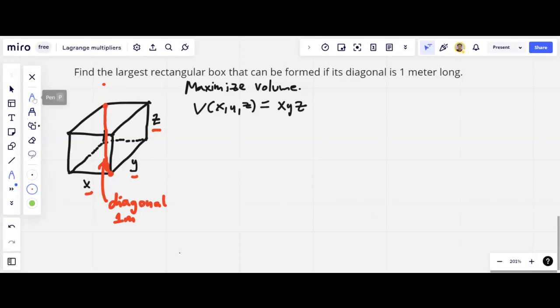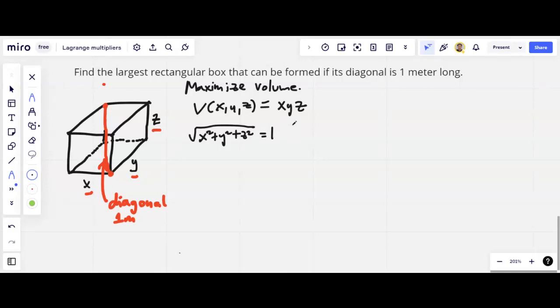And now from this one, we have to obtain our constraint function. Now we have to relate the diagonal length to the dimensions of the rectangular box, which from geometry we know is the square root of x squared plus y squared plus z squared equal to 1.